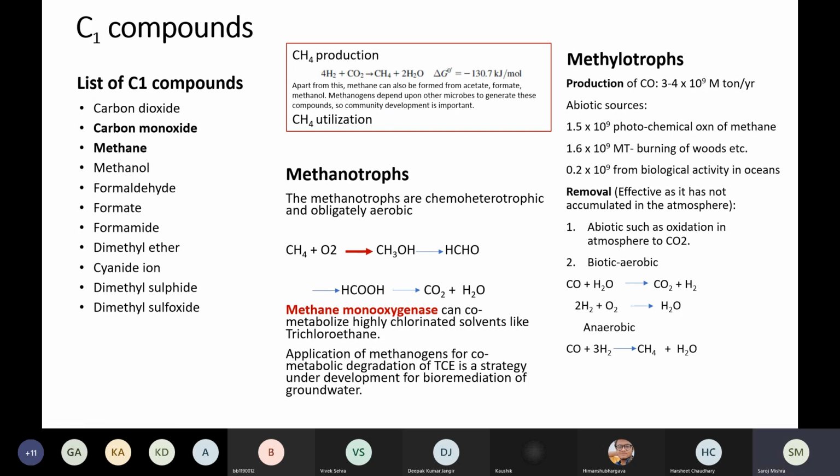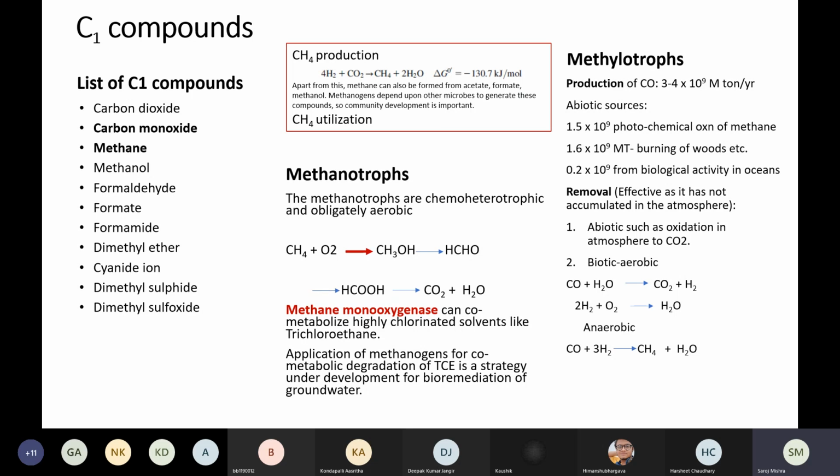Okay, so now we are going to look at how C1 compounds can be broken down. Under this category, there are two groups which I'm going to discuss, which are called either methanotrophs or methylotrophs. Methanotrophs are those organisms which are able to break down only methane, no other C1 compound.